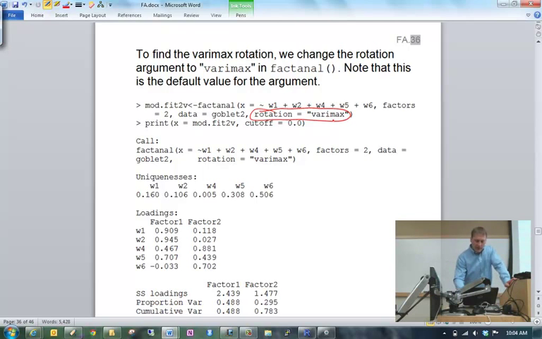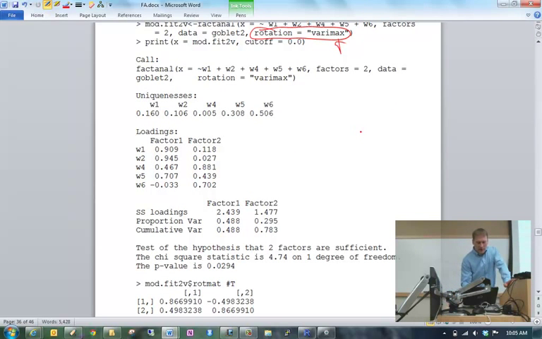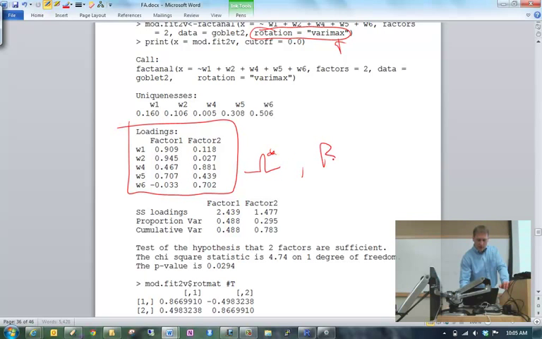The only difference is that before we had rotation equal none as an argument. Now I'm going to have rotation equal Varimax. I'm going to print off the result, and you can verify on your own. The only thing that changes in all the output is now your factor loading. So essentially this would be lambda star, or you could call it B.